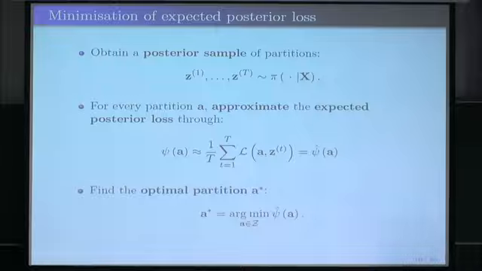And then for every partition A, we look at this sampled average loss, and then try to minimize that function. So we're using the same sample throughout the algorithm, as opposed to the correct thing we should do, which is for each action A that we consider, to generate a new sample. But we use the same sample for reasons of scalability.